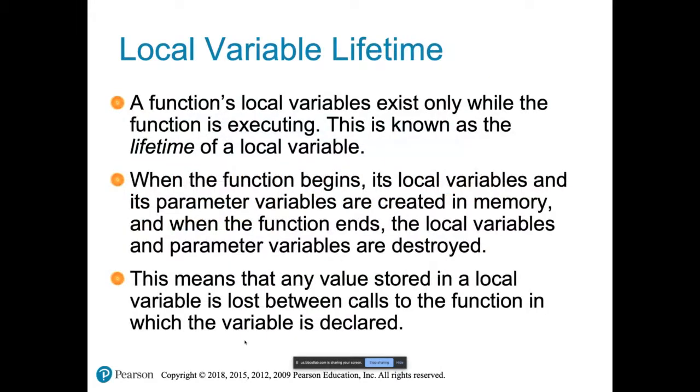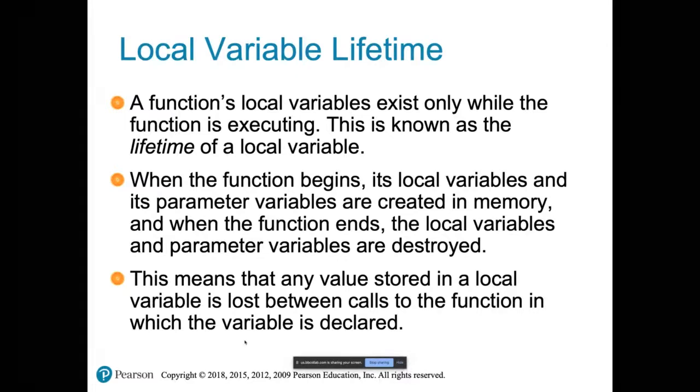A function's local variable exists only while that function is executing. This is known as the lifetime of that local variable. When that function is called, such as with an int, it says, hey, operating system, I have an int that I need to put in memory, what we call the function stack. It puts that information on the stack, and then when the function leaves, it pops it off.